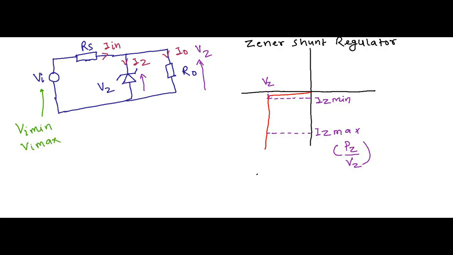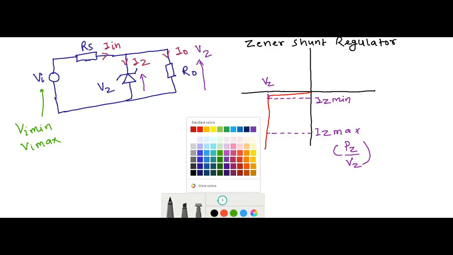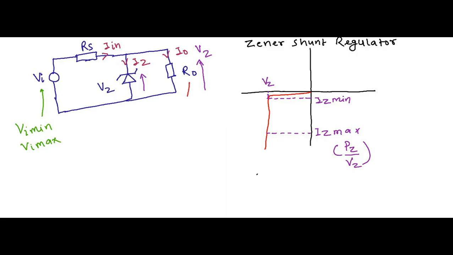And let's say you have also the varying load. Okay, so the load value is Ro minimum to Ro maximum.